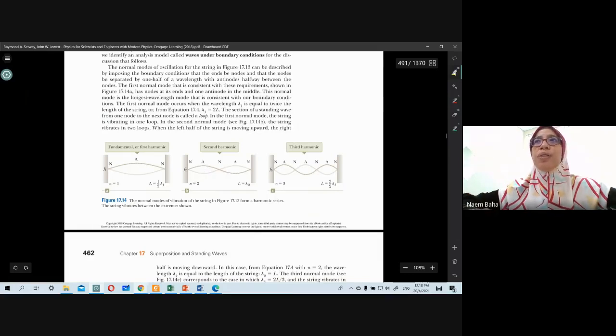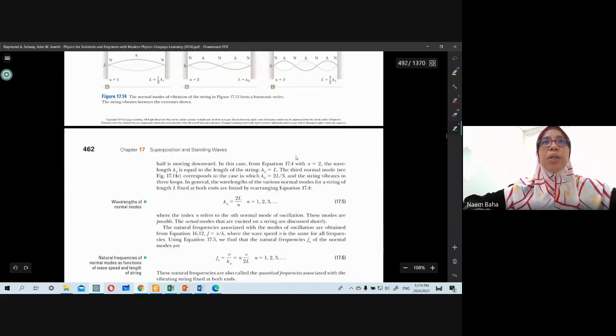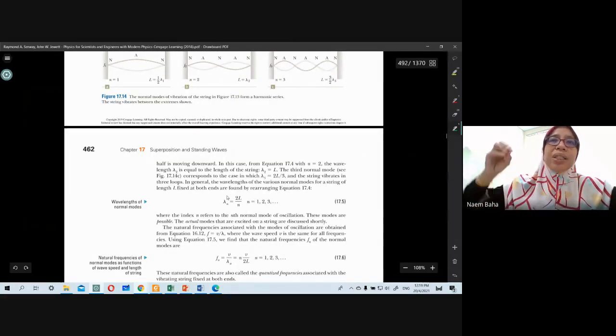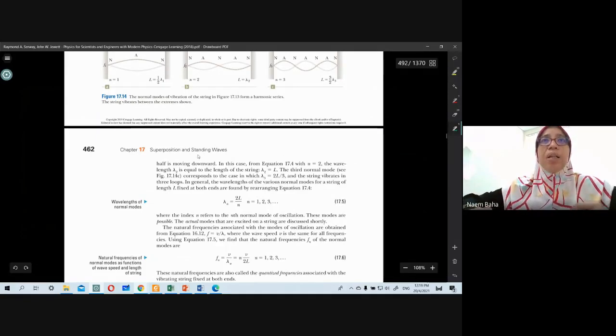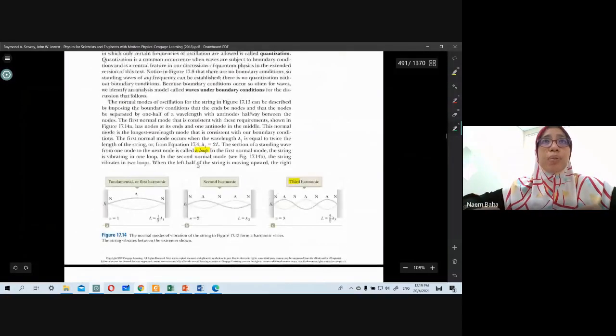And this is three loops, and therefore the third harmonic. There are other names to call it: fundamental, first overtone, second overtone. But it's not described by the book, so don't worry. They will ask questions only on what's inside the book. The terms used would be only the terms used by the book.